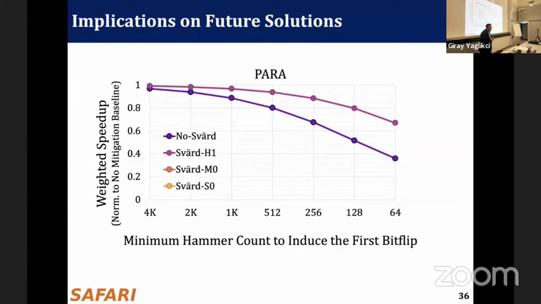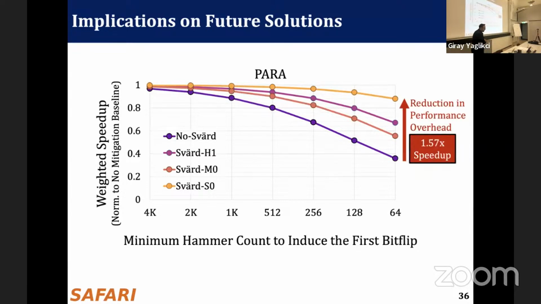Then we apply 3 different variation profiles that we collected from real modules, H1, M0, and S0, which are modules from each manufacturer. When we integrate Svärd with PARA and use these profiles, we have this kind of results.